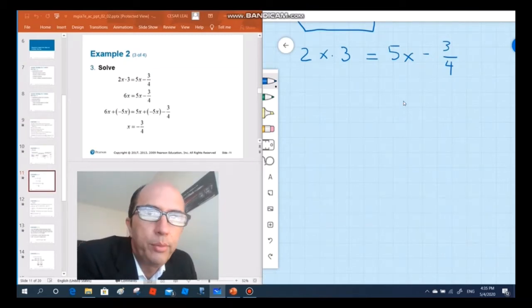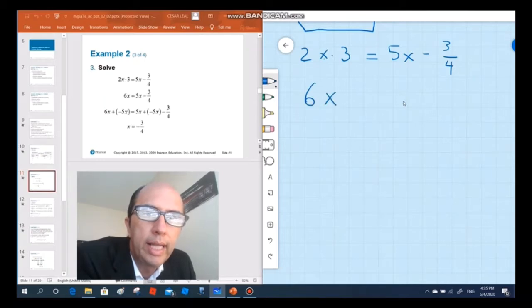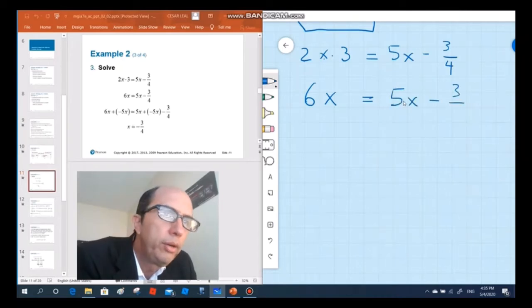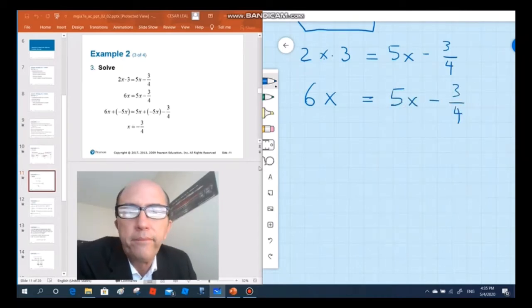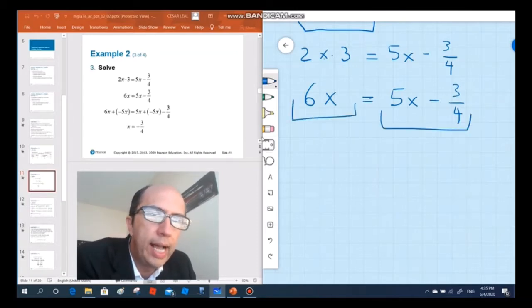The first thing, what can we simplify here? We have 2x times 3. We can write it as 6x, right? 2 times 3, 6, 6x equals 5x minus 3 over 4. We need to have only variables on this side, only numbers on that side.